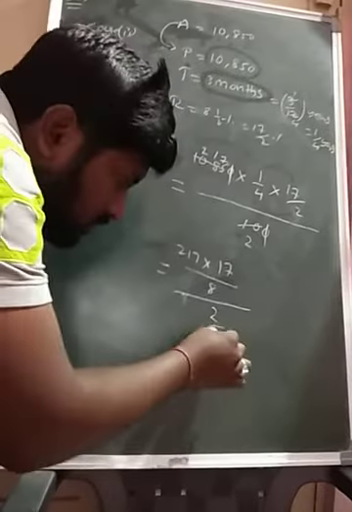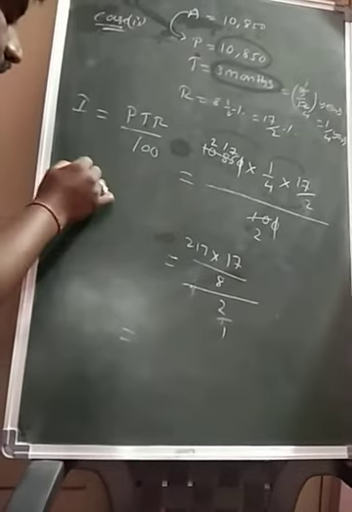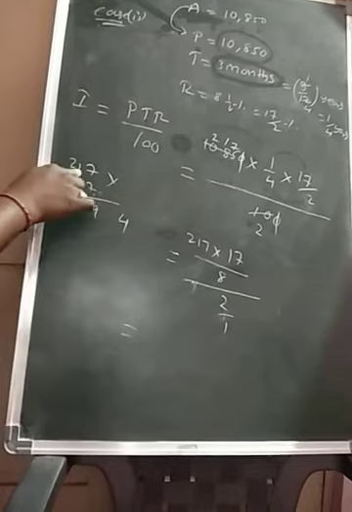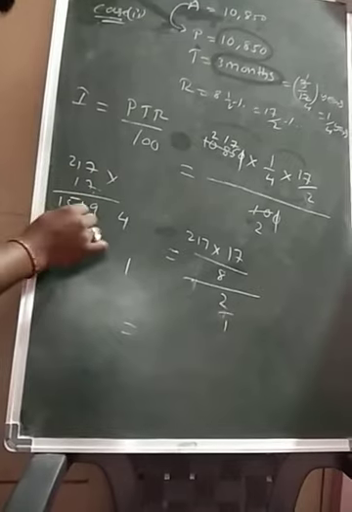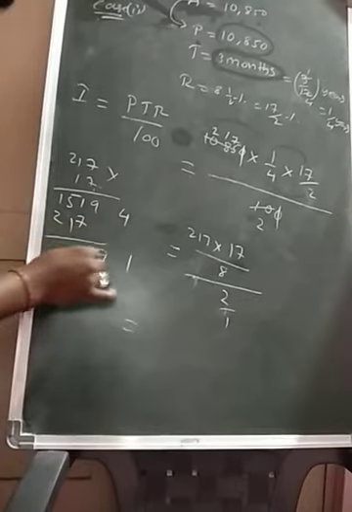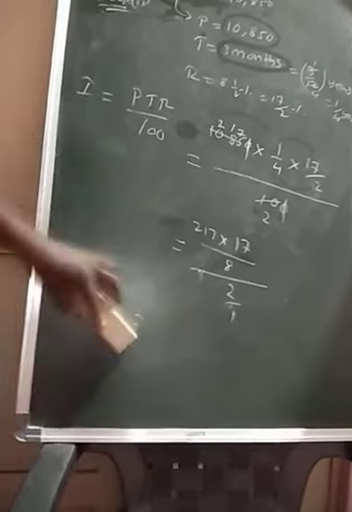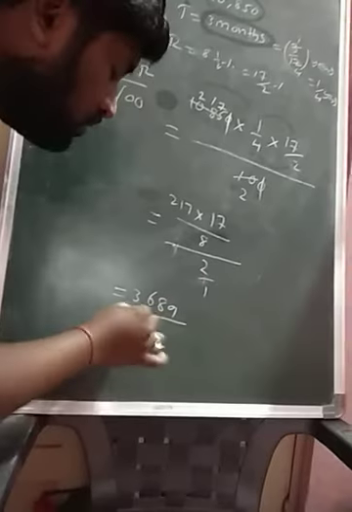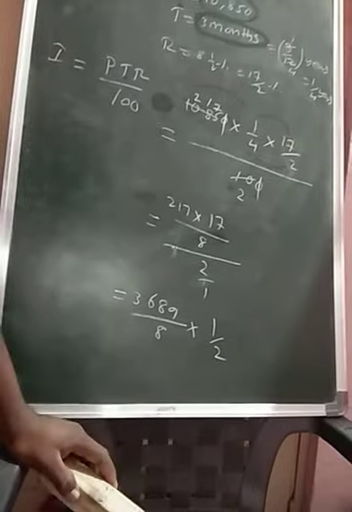In the next step you can write here 2 by 1. 217 into 17 means what? 7 7s are 49, 7 1s are 7 plus 4 means 11, 7 2s are 14 plus 1 is 15, 1 7s are 7, 1 2s are 2, 1 1s are 1, 1 2s are 2, so we get 3689. So 3689 by 8 into 2 by 1, reciprocal, that is 1 by 2.